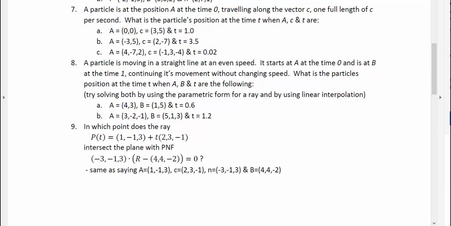So the idea here is simply that we have a point A, and it's traveling along a vector c, and so in 1 second the particle starts out there. It should be here at this point, which is the point A plus 1c.